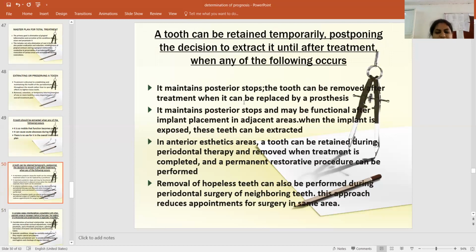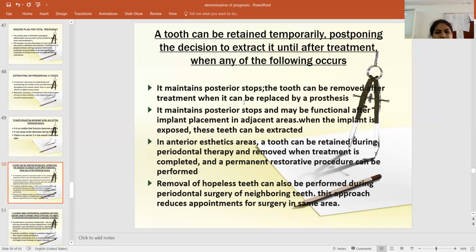A tooth can be retained temporarily, postponing the decision to extract it until after treatment, when any of the following occurs. First, it maintains the posterior stop. The tooth can be removed after treatment when it can be replaced by a prosthesis. Means it acts as a posterior stop because a cantilever bridge is not very successful, and the tooth can be removed after the treatment.